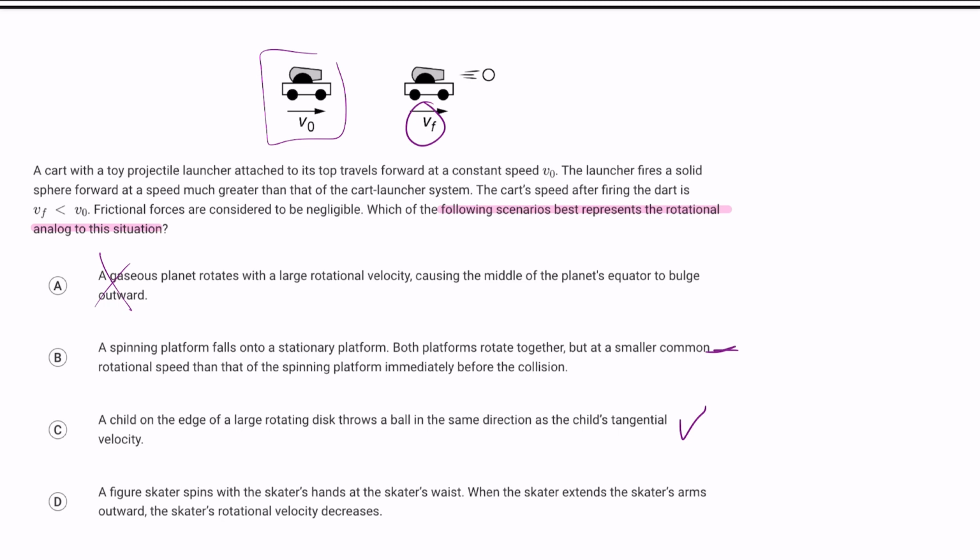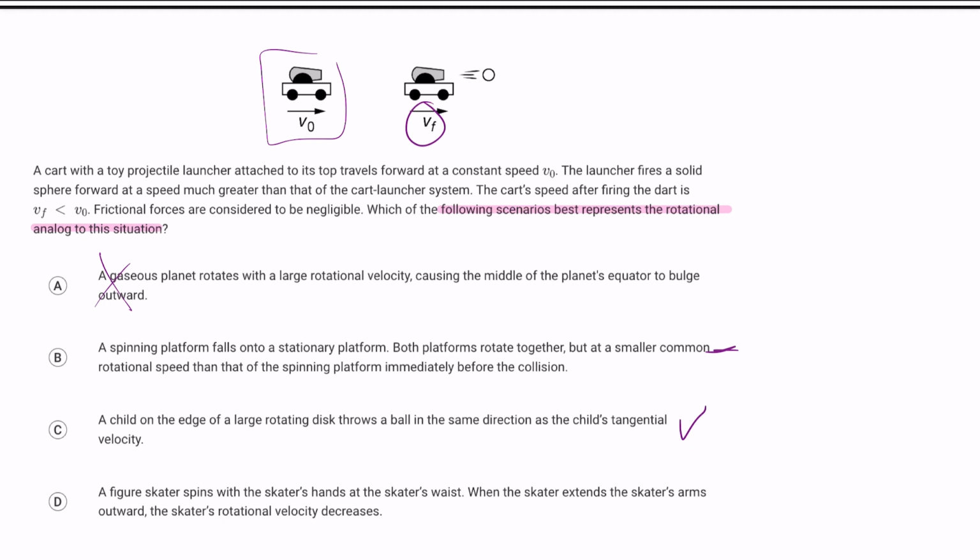And then D says a figure skater spins with the skater's hands at the skater's waist. When the skater extends the arms outward, the skater's rotational velocity decreases. Interesting. So this problem does also show the decrease in velocity, but there's no projectile. The figure skater is going to slow down, but not because of a force that's acting on the figure skater's arms.